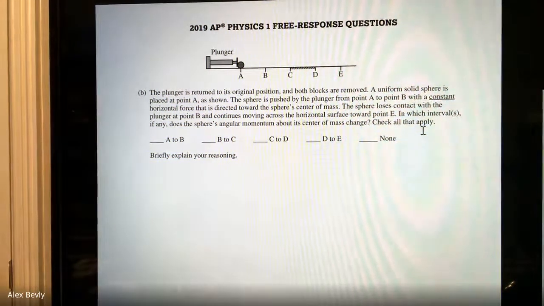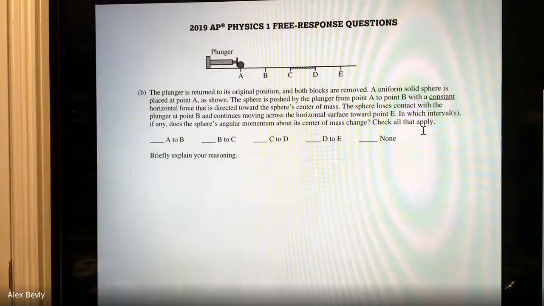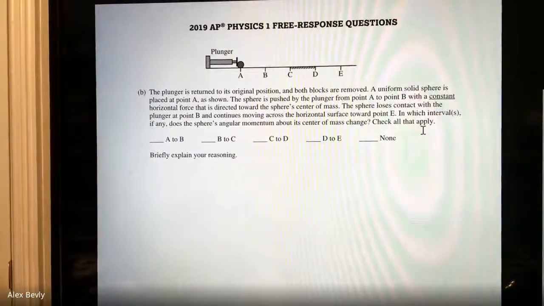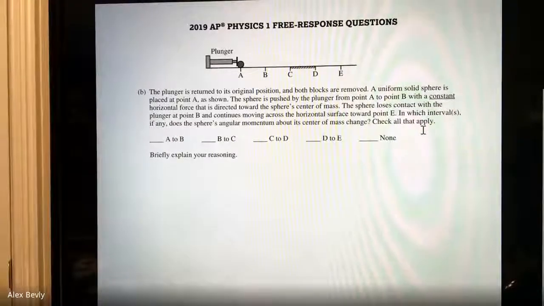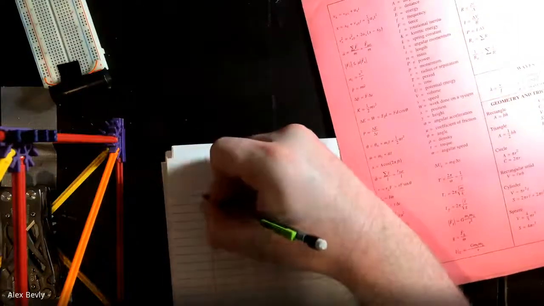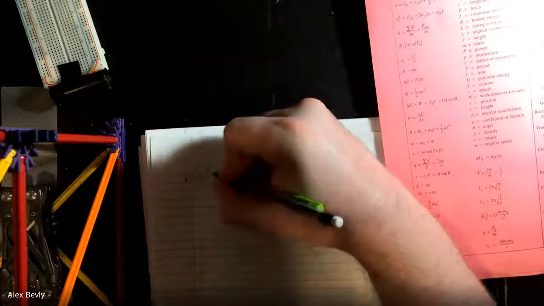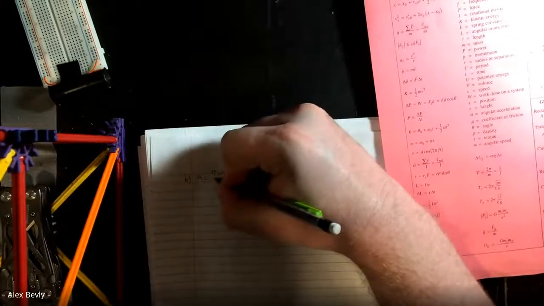So, what do I need for rotational motion to occur? First of all, what concept are we talking about here? So we're talking about torque. Very good. So it starts out at rest. We need a torque. I would start with our angular acceleration is net torque divided by moment of inertia.